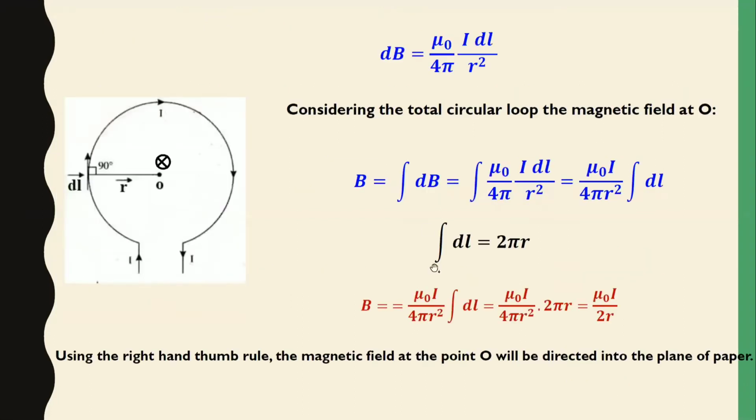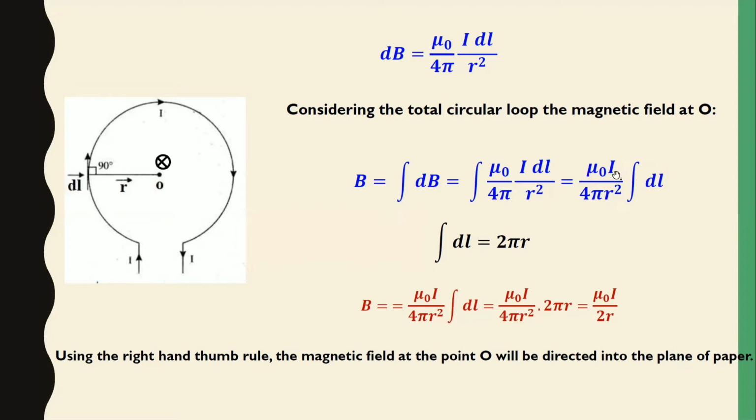Next, to obtain the total magnetic field at point O due to this total circular current carrying loop, we have to integrate. So B is integration over dB, and putting the value of dB, it is mu0 by 4 pi I dl by r square.